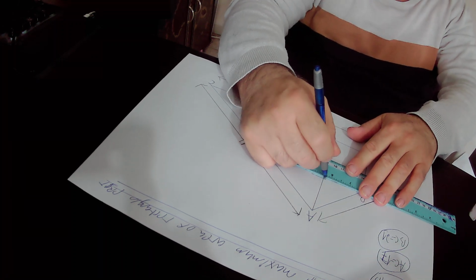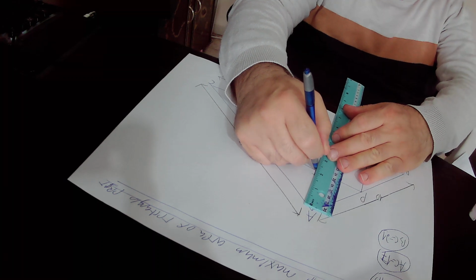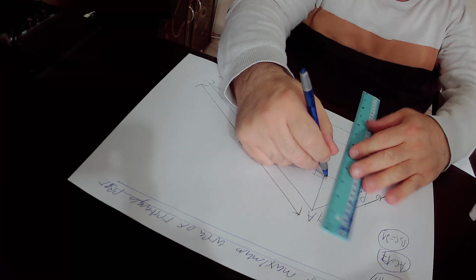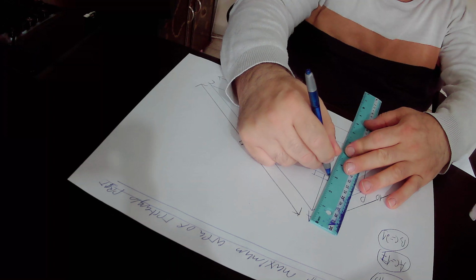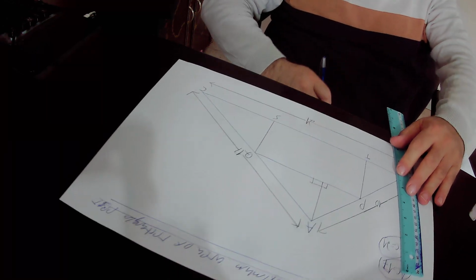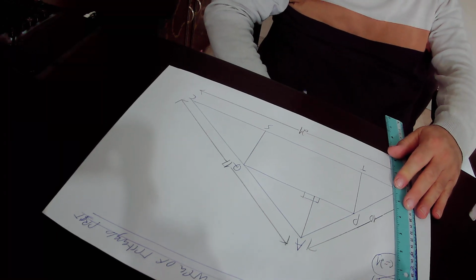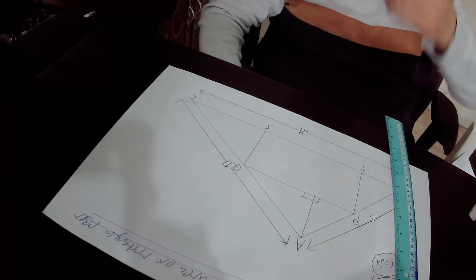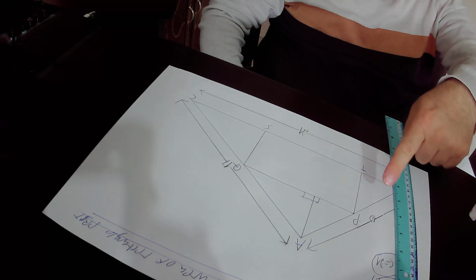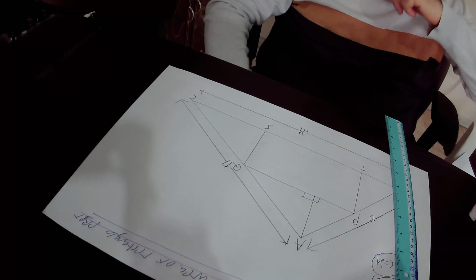So this angle equals 90 degrees, and this angle also equals 90 degrees according to our construction. We define the touching point of the perpendicular from point A and PQ.